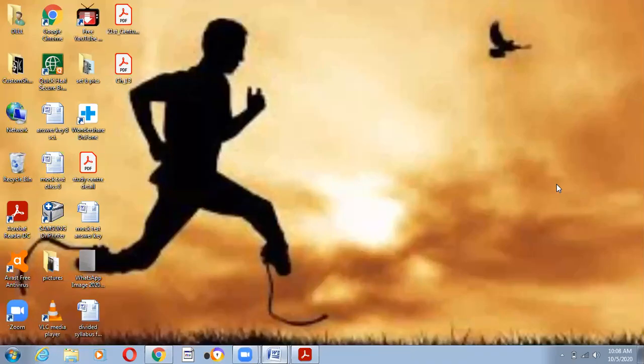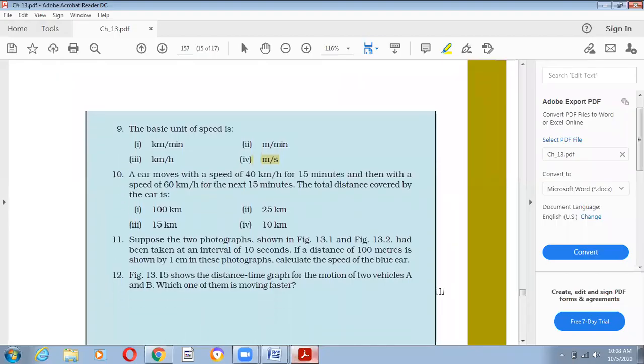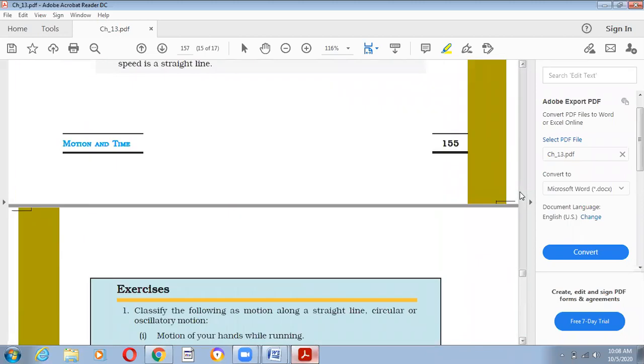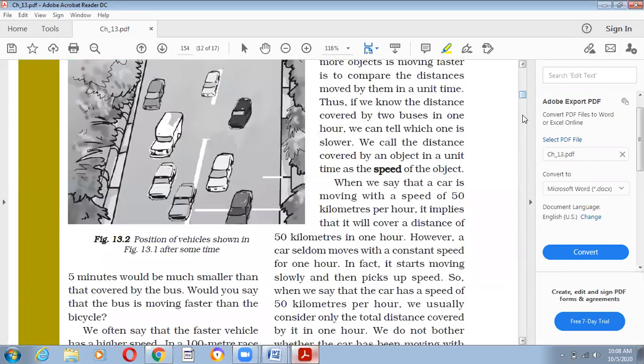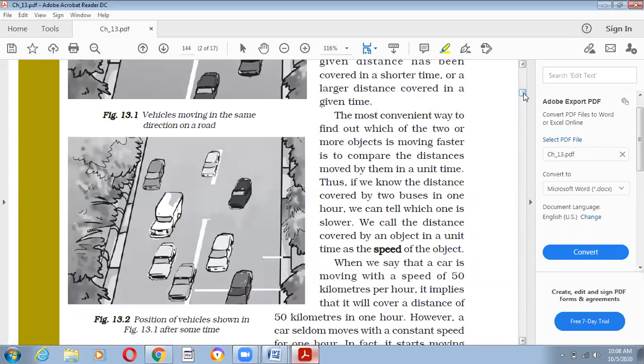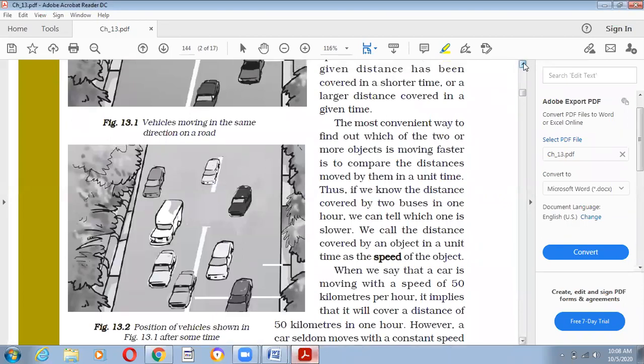Now in the next question, you can see, suppose the two photographs shown in figure 13.1 and 13.2. Let's go back to 13.1 and 13.2. These had been taken at an interval of 10 seconds. If a distance of 100 meters is shown by 1 centimeter in these photographs, calculate the speed of the blue car.